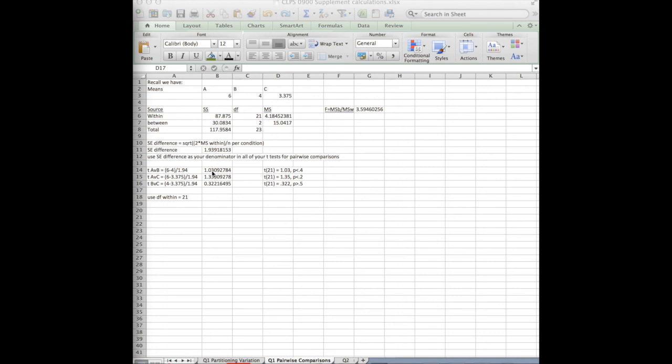And then that gives you a t observed of 1.03. And then I just happened to look that up in a t-table. So remember how I report a t-test result, t, and then the degrees of freedom that we have. And then remember, this is degrees of freedom within, okay, 21, is equal to the observed t, and then the significance value. So when I looked it up in a table, it was less than 0.4, which is not very significant, I guess.